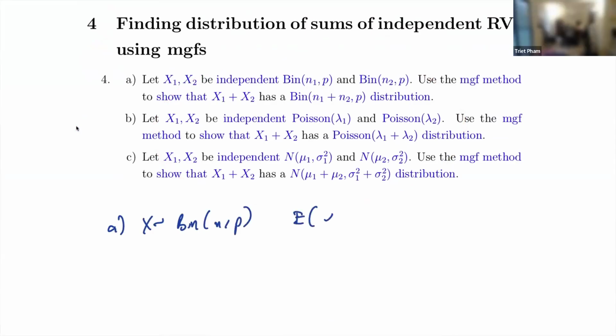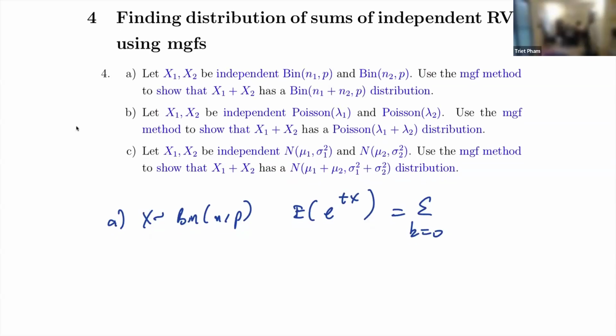then the expectation of e to the tX is a sum from 0 to n of e to the tk, times p to the k, and 1 minus p to the n minus k.